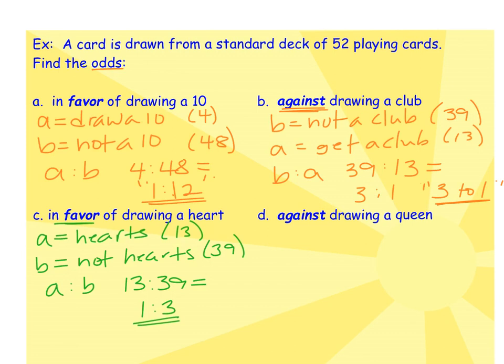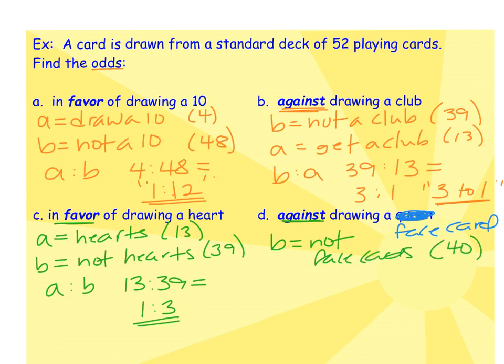Now I'm actually going to change that last problem. Instead of saying drawing a queen, I'm going to say drawing a face card. Let's change that up and give it a little bit more to work with. So, against drawing a face card. Now we've got to figure out how many cards in the deck are not face cards. If you count them up, there are 40 cards that aren't face cards.